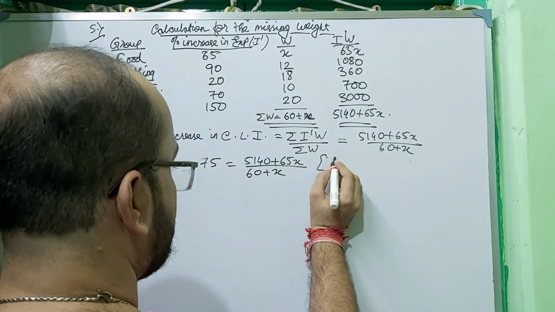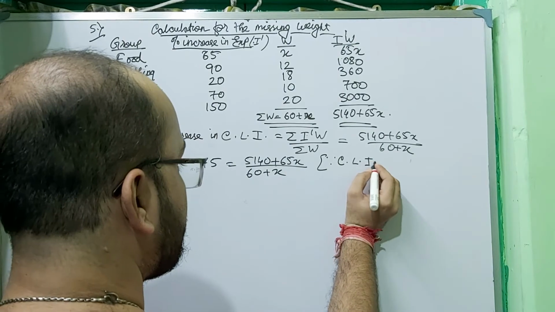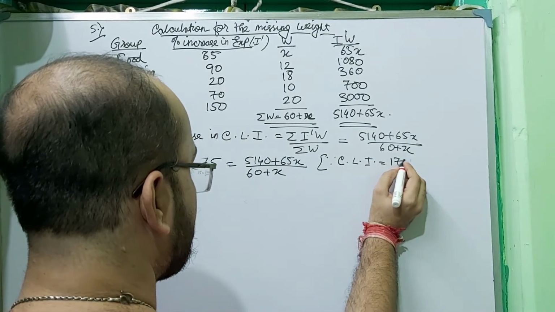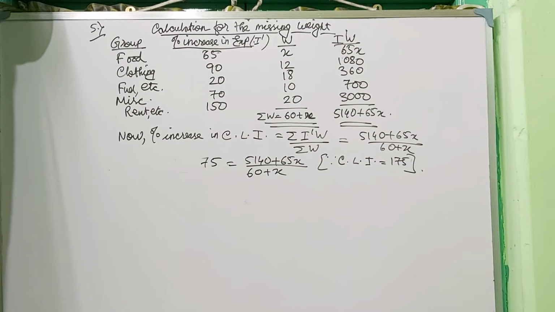Since CLI is equal to 175, if you cross multiply it, what will be the answer?